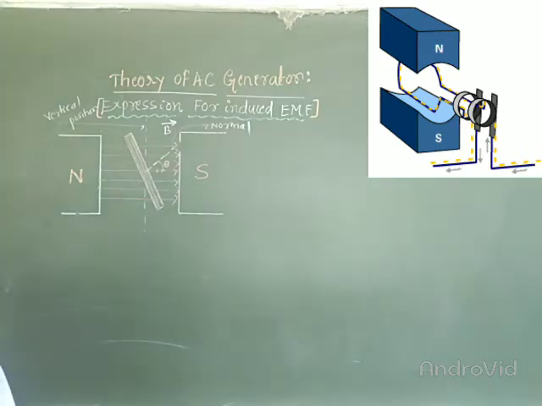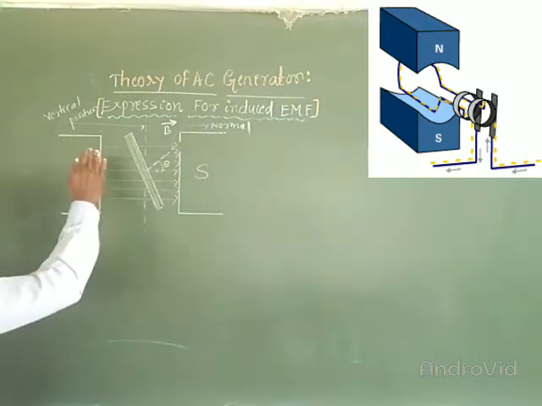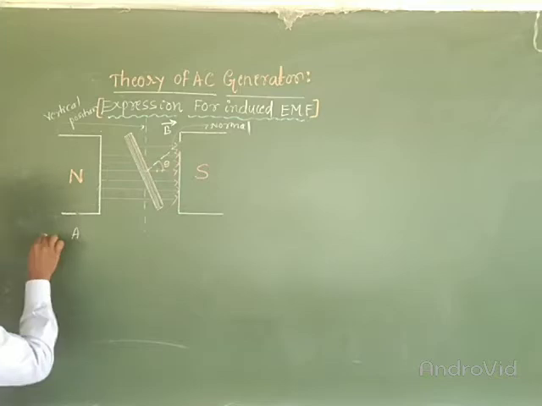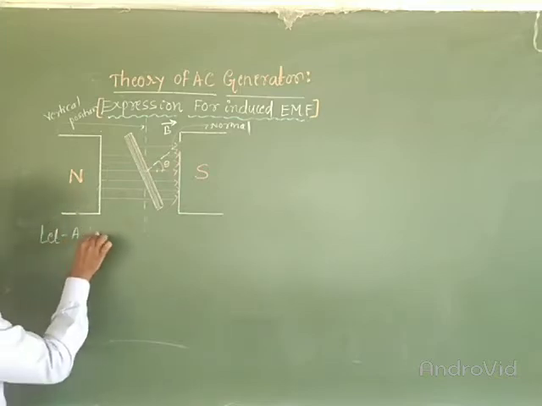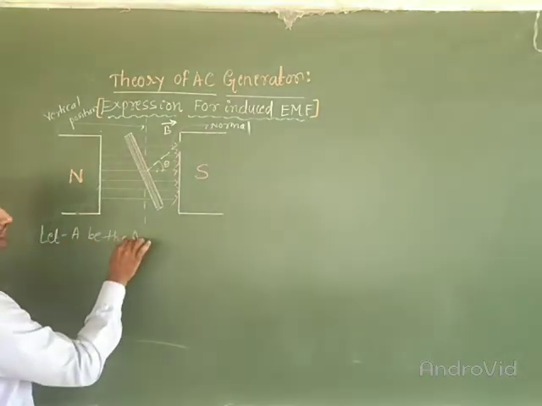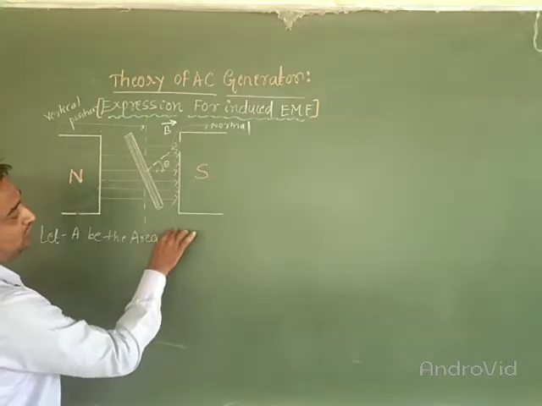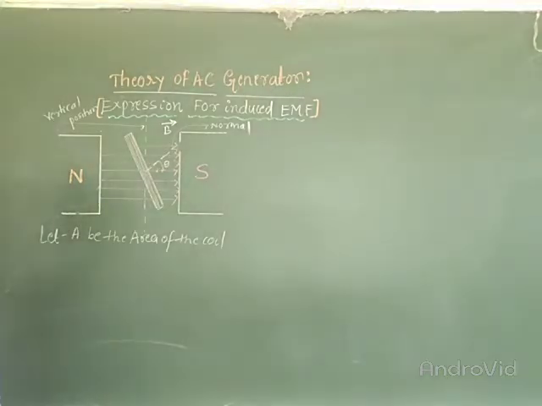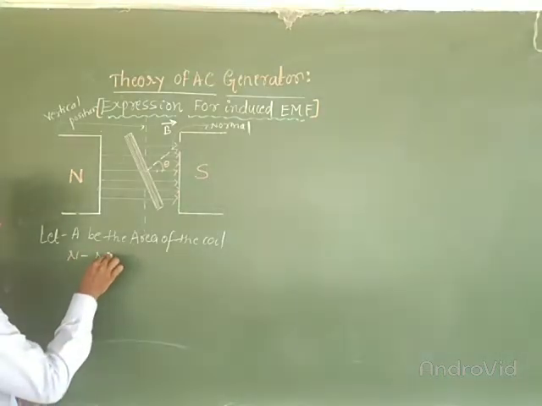Now let us derive the expression. Let A be the area of the coil, that is, the cross-sectional area of the rectangular coil or armature, and N is the number of turns used in the armature.